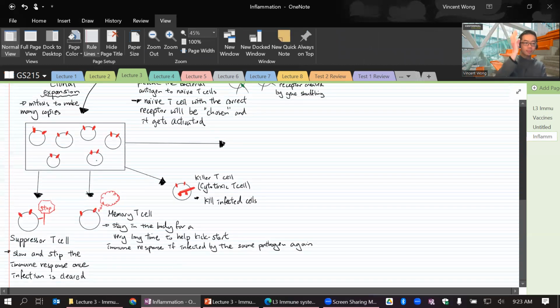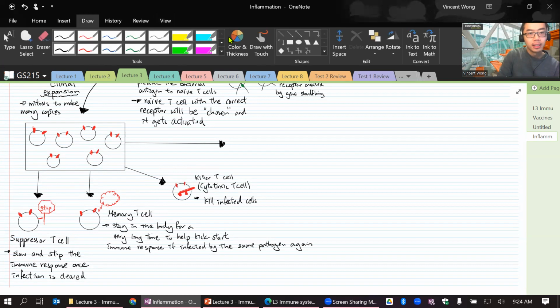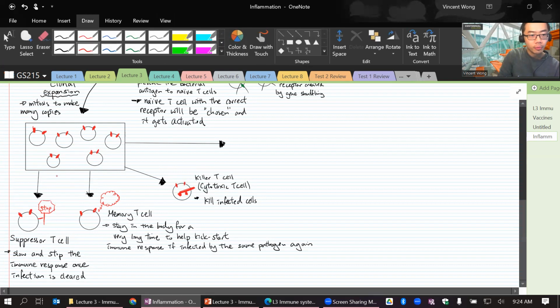So after the naive T cell has been chosen, they clone themselves and then they transform into these outcomes. All these different outcomes are called effector cells. I'm just gonna put it in red maybe. Differentiate, that's the word.